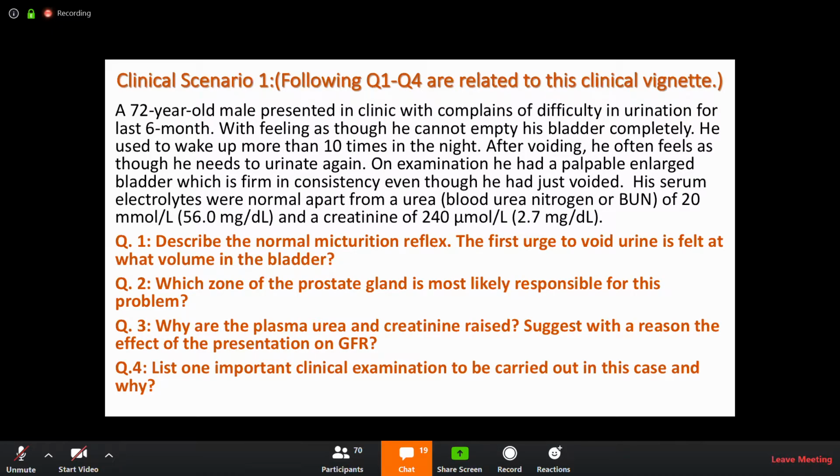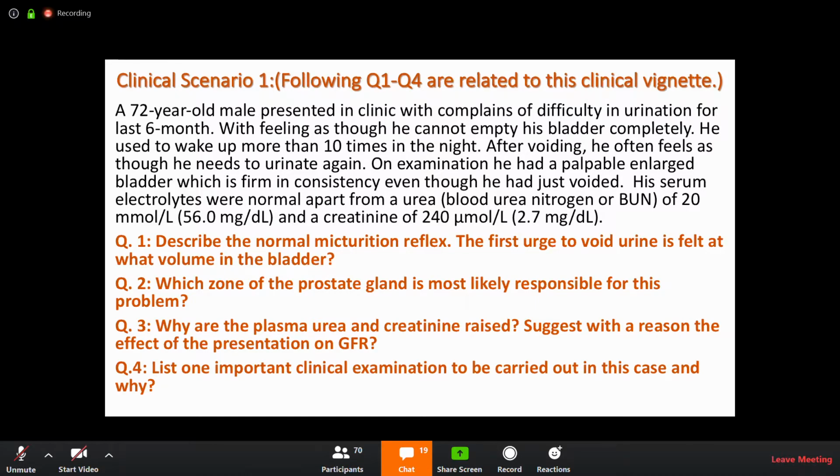The third way, we can look at creatinine. Now, we can either look at creatinine clearance. That would mean getting the plasma concentration of creatinine, the urine concentration of creatinine, and the urine flow rate. Now, even though we are given the plasma concentration of creatinine, we do not have the urine concentration of creatinine.